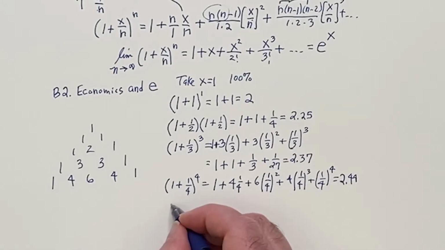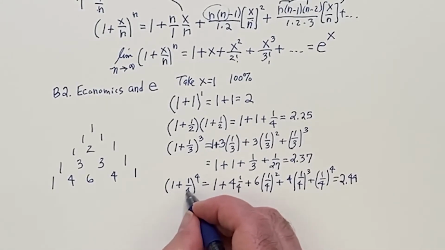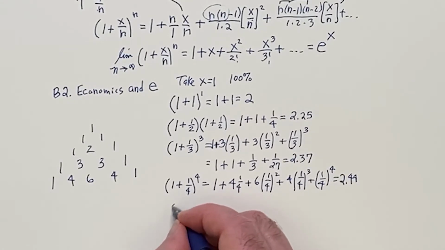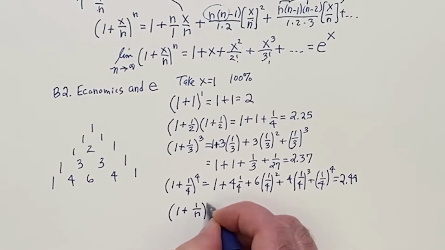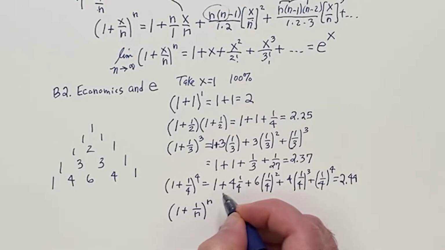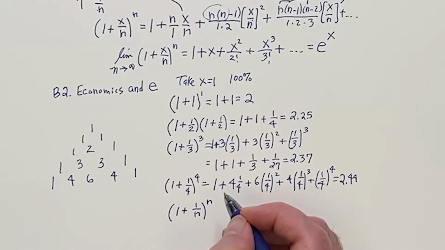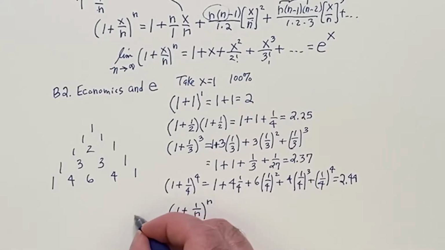So now the question is, suppose you compound it every split second instantaneously. Well, then you'd have 1 plus 1 over n to the nth power, and you would want the limit as n goes to infinity.